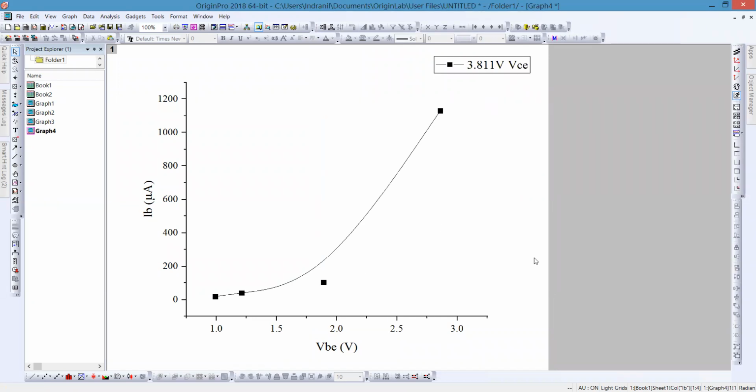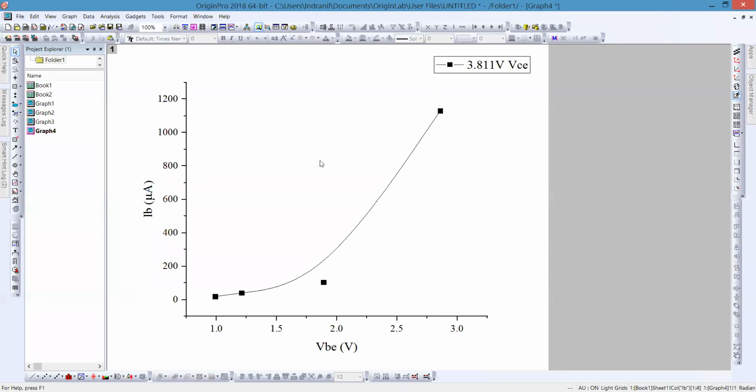So this is the input characteristic for common emitter mode, and the current is IB in microampere and the voltage is the voltage across the base emitter junction, in volts.